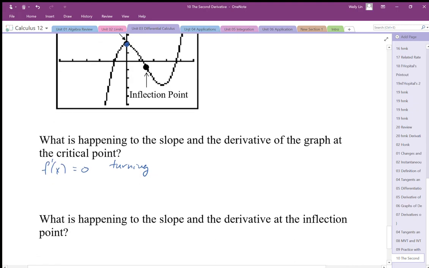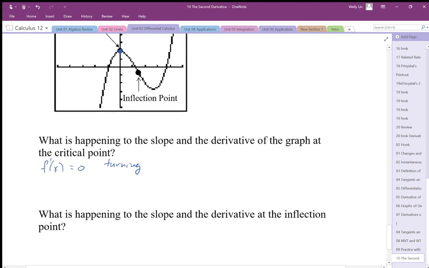Okay, what's happening to the slope of the derivative at the inflection point? Well, at this inflection point here, f double prime is changing from negative, so we have this negative concavity here. It's becoming less positive, more negative through that whole region, from negative to positive.